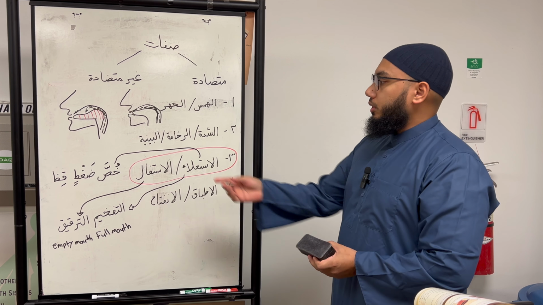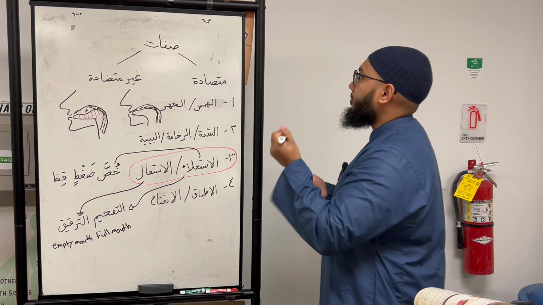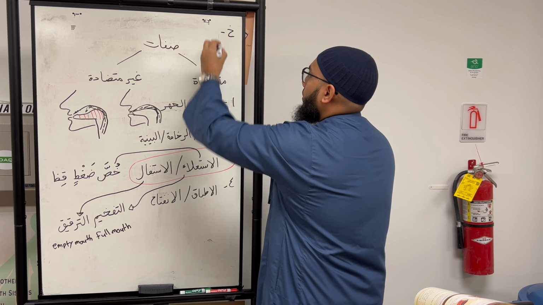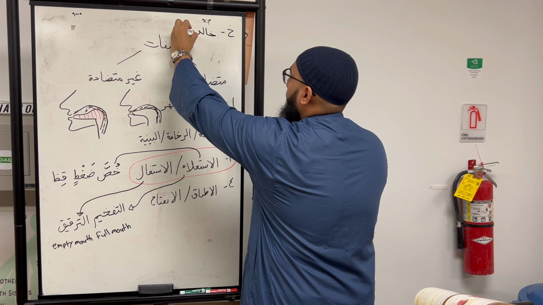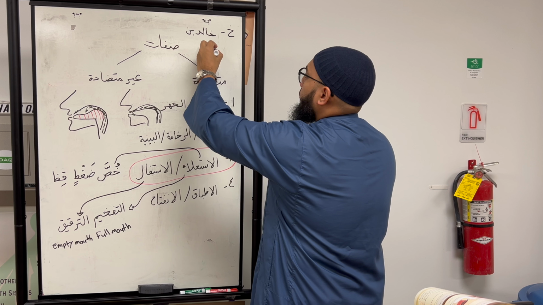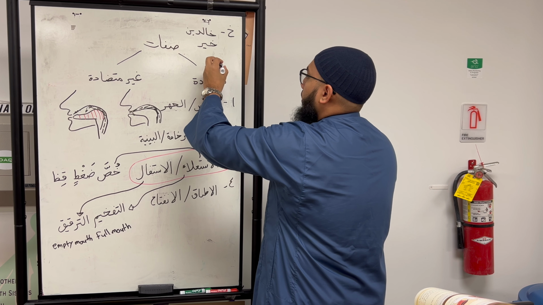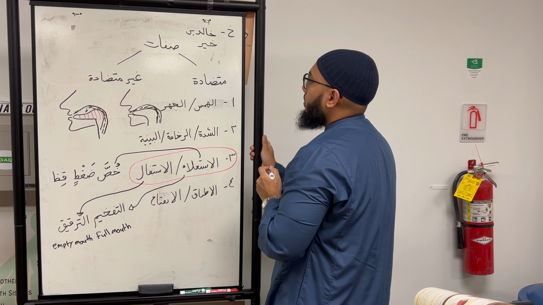Let's do some examples of kha. So for instance, you have khalidina. Then you have khair. Then you have, what is with the dhamma?